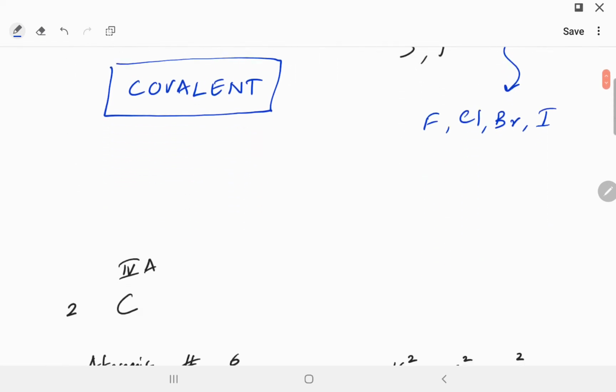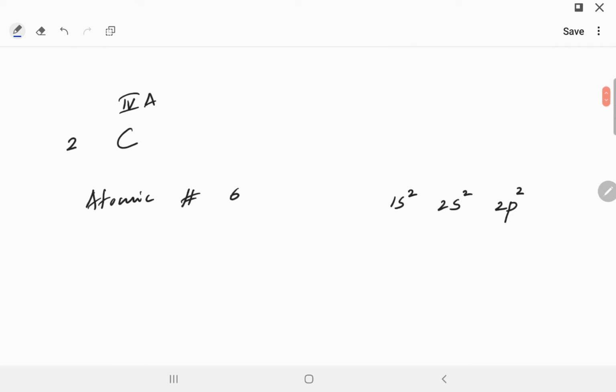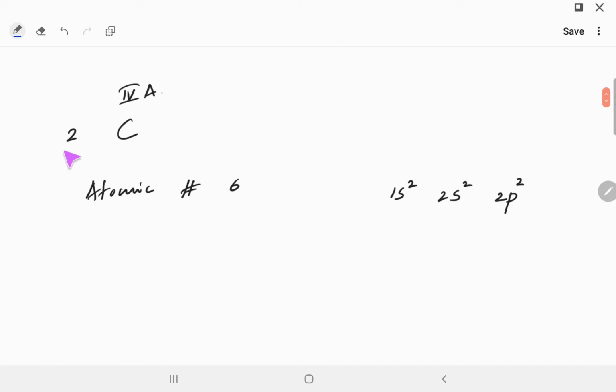So let's talk a little bit more about carbon and hydrogen, because these are the two most important atoms in organic chemistry. They are going to be everywhere in organic compounds. When we talk more about carbon, we know that it is in group 4A and in the second period.